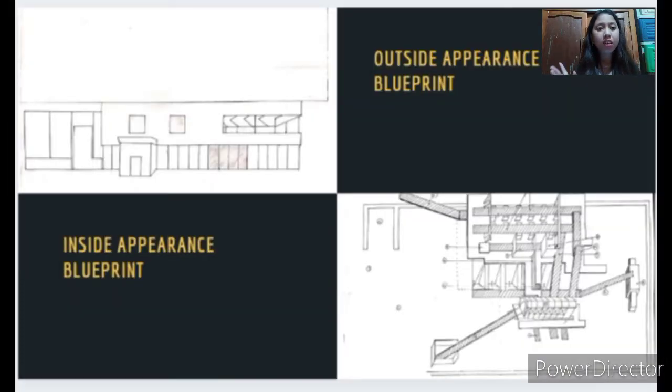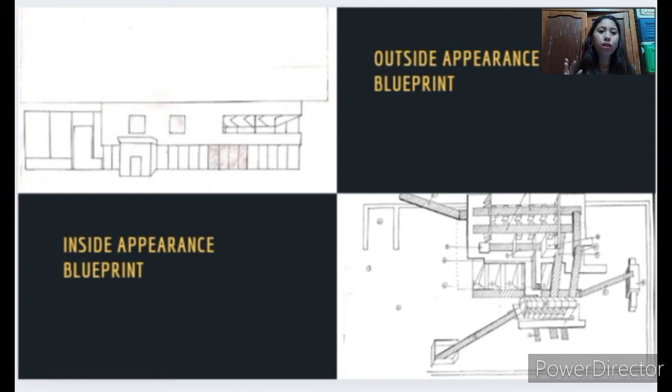And here, I sketch a blueprint of materials recovery facility. On the upper side is the outside appearance of the materials recovery facility, and then the lower side is the inside appearance.